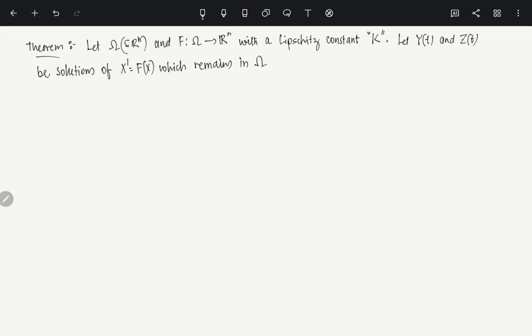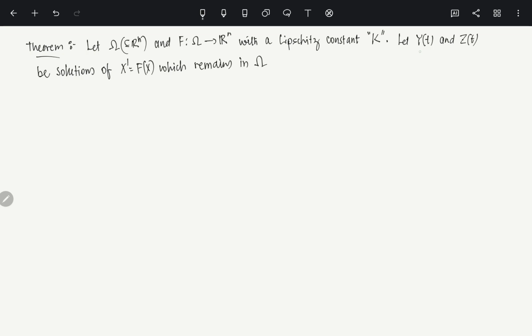You see, you are getting two solutions, y(t) and z(t), and those solutions have to be in omega, because otherwise f is not defined. So those solutions must remain in omega. For every t, x of t should be in omega, because you also have to define f of x(t) for this equation to work. Clear?